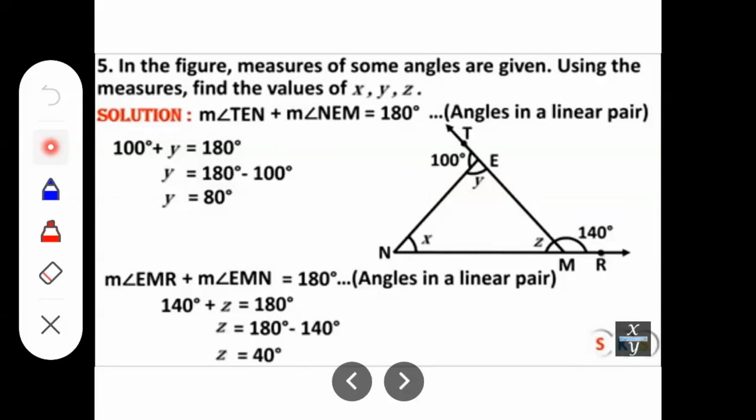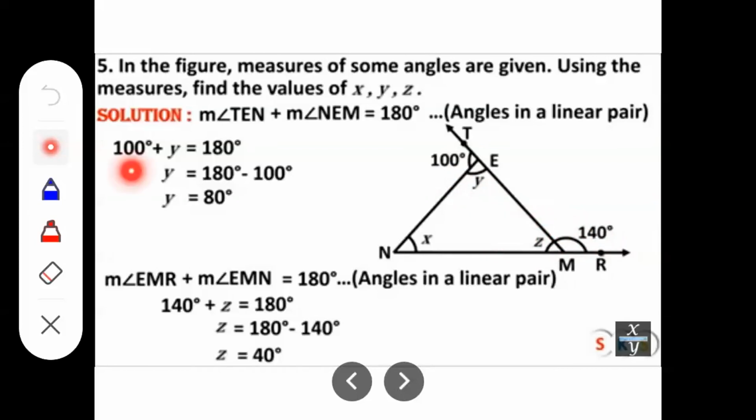Here also, to find the value of z, the same property we will use, angles in linear pair. So you can directly see that this y angle will be 80 and this z will be 40. As one is 140, the other will be 40. Together it gives 180 degree.